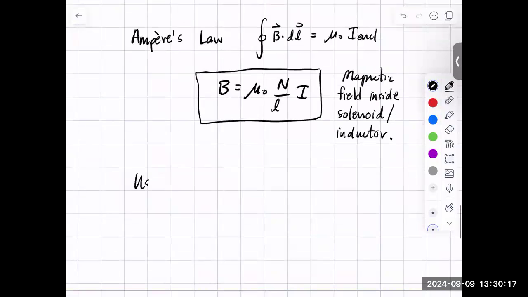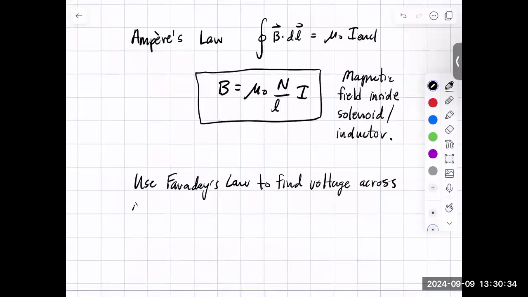So we're going to use Faraday's law to find the voltage across our inductor. Let me just remind you what Faraday's law was.